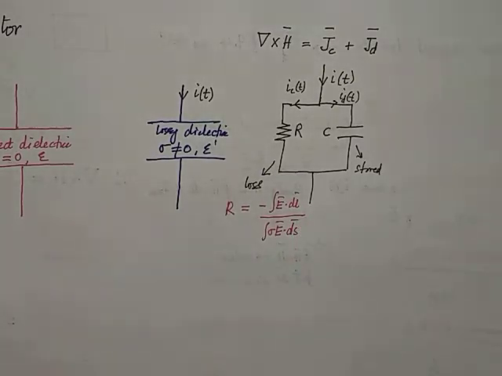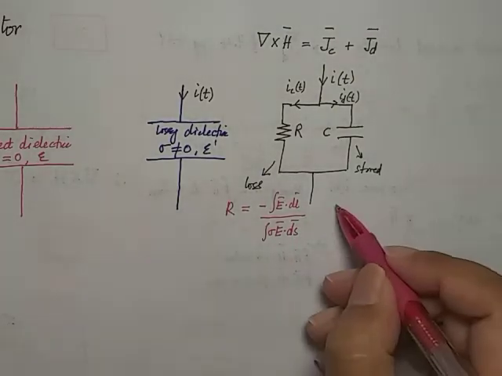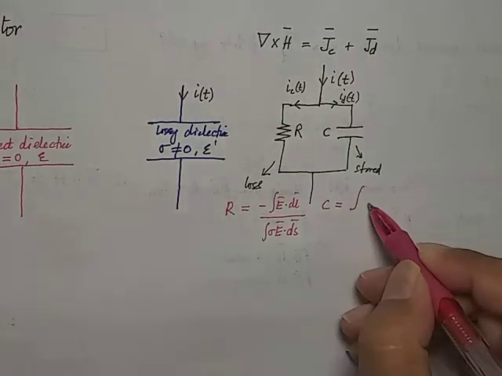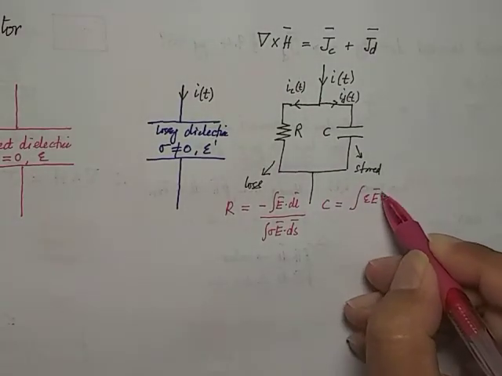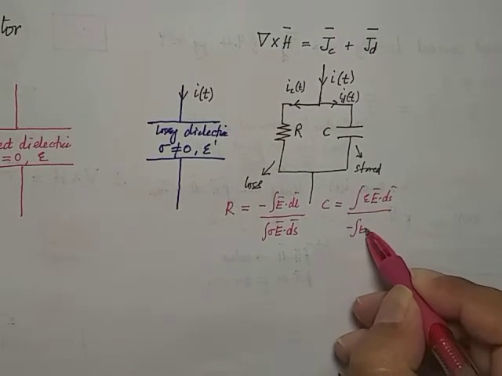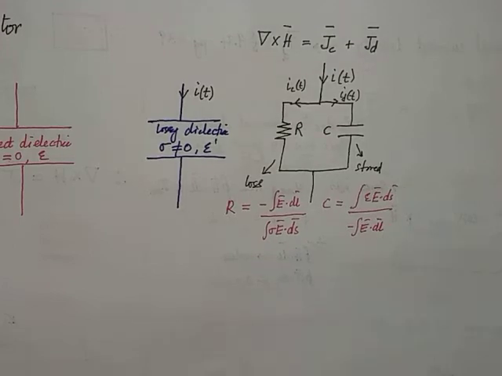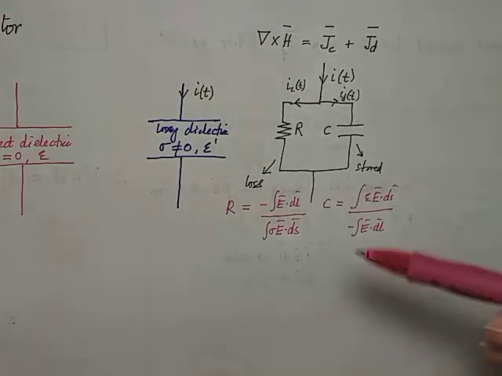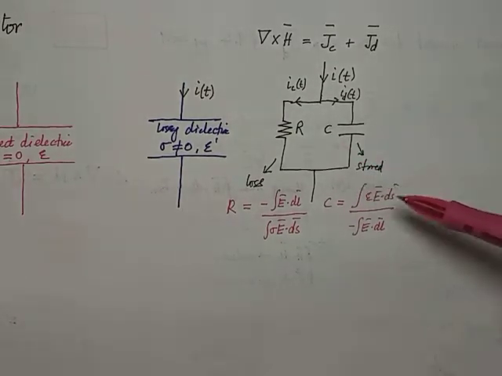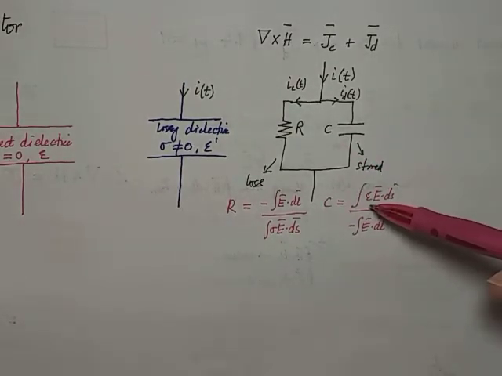Remember the field theory method, and our capacitance we can determine using the integral of epsilon E dot ds divided by the integral of minus E dot dl. That's how you use the model we discussed before to calculate the specific value of the capacitance. So it depends on E as well as the material.